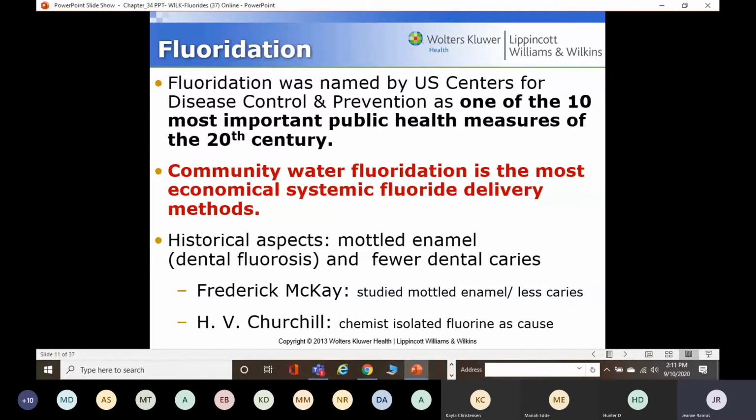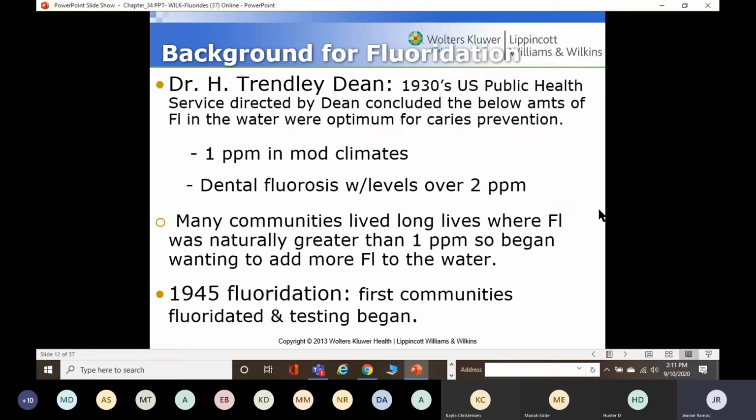So H.B. Churchill was a chemist, not the Churchill from England. This is a different Churchill. And he was a chemist, and he isolated fluorine as the cause of the mottled enamel. So then Dr. Dean, in the 1930s, U.S. Public Health Service, directed by Dean, concluded the below amounts of fluoride in the water were optimum for caries prevention.